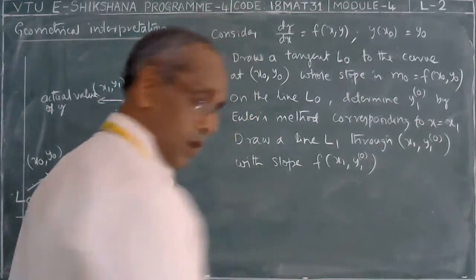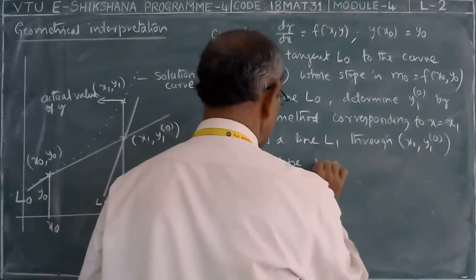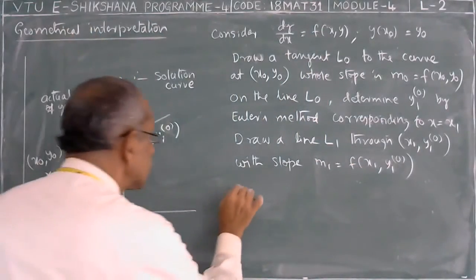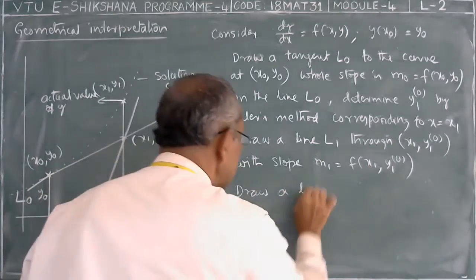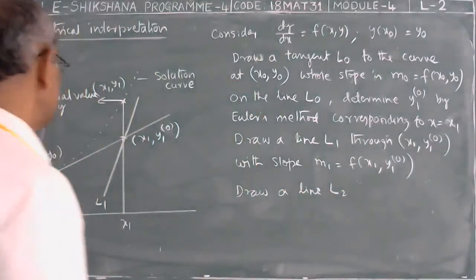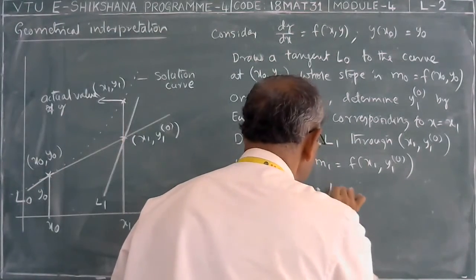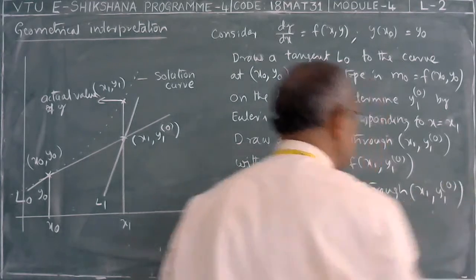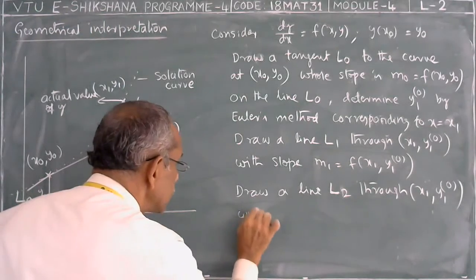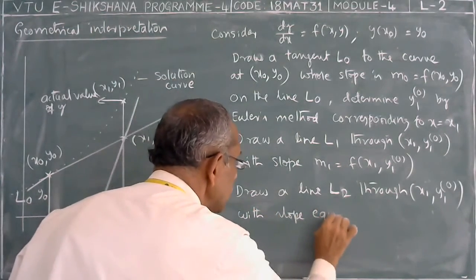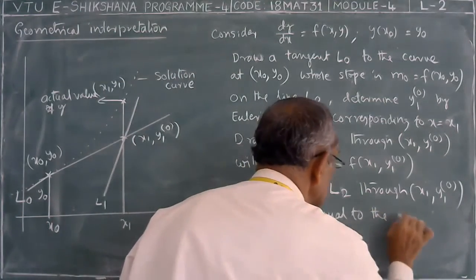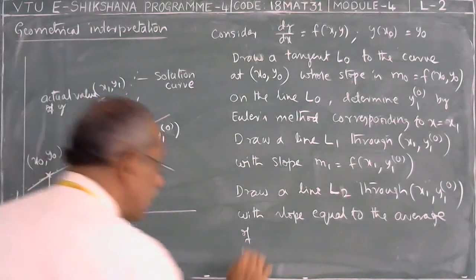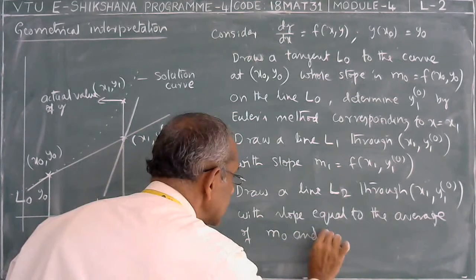Now, let us take the slope m1. If the slope m1 is equal to f of x1 comma y1 0, now draw a line N2 through the same point x1, y1 0 with the slope equal to the average of slopes of L0 and L1, the average of m0 and m1.